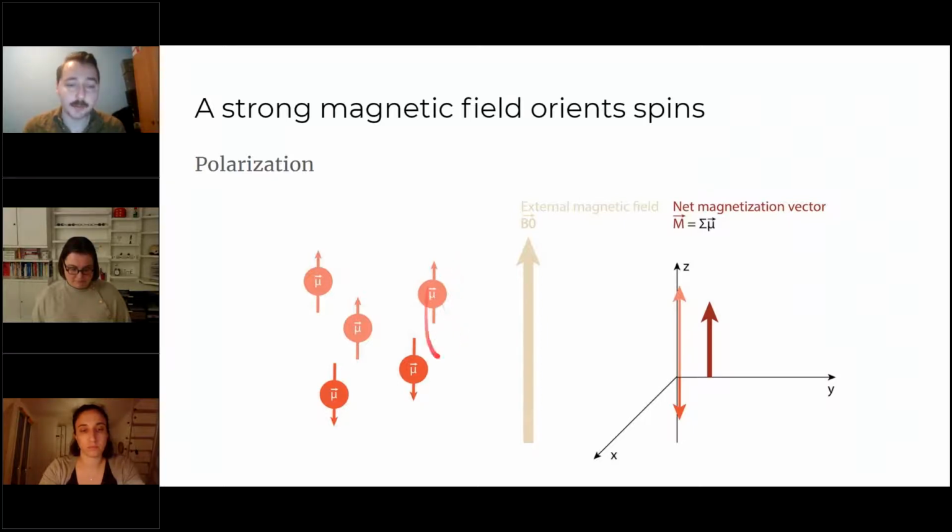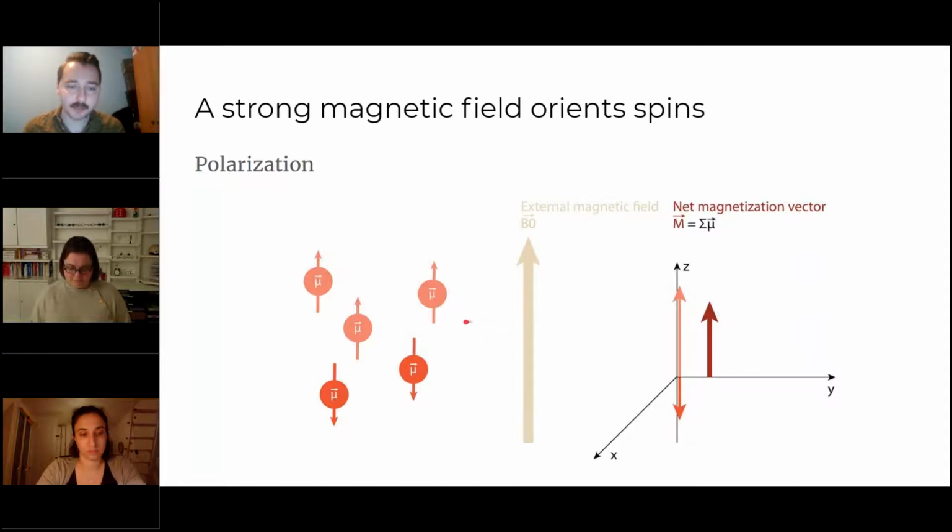Both of these states are parallel to the orientation of this external magnetic field that we produce, but some of these spins are going to be in a high state, which means that they will be pointing in the direction of the magnetic field, and some other guys are going to be anti-oriented, so they're going to be parallel still, but in the exact opposite direction.